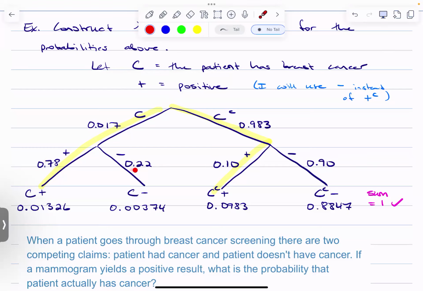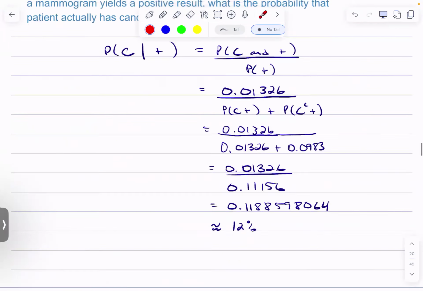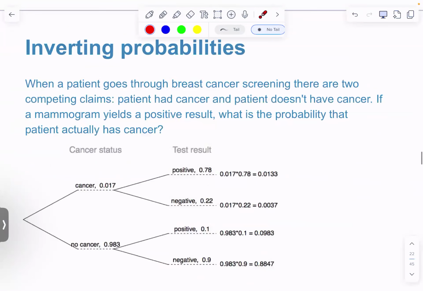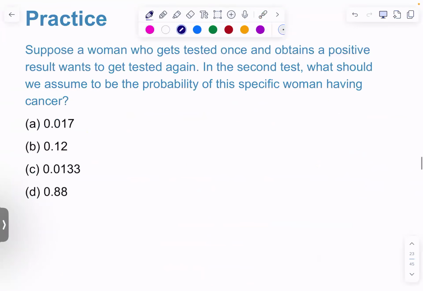These probabilities would stay the same, because they're still test probabilities, but now we have amplified the probability that she has cancer because we have that first test. So here, we know the probability of having cancer given a positive test is roughly 0.12.